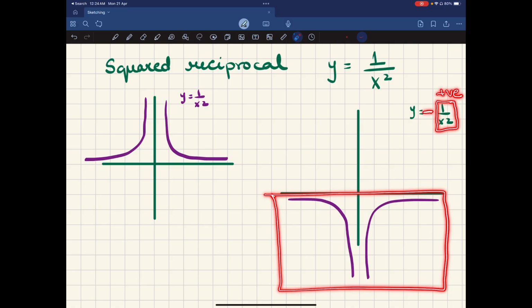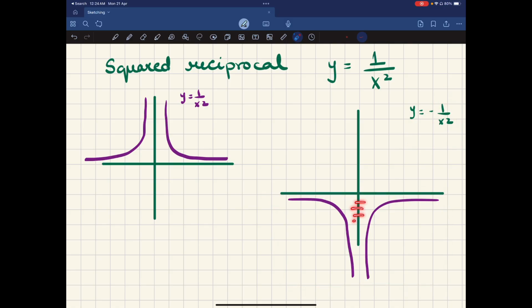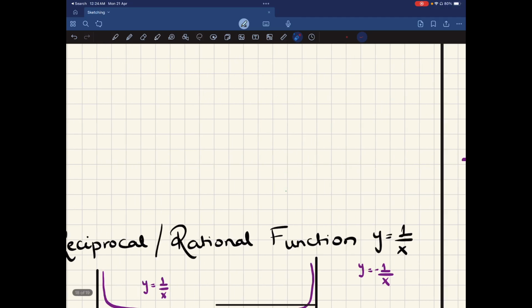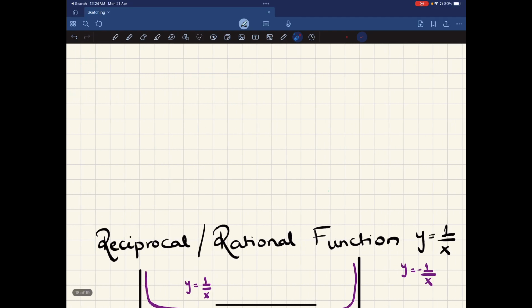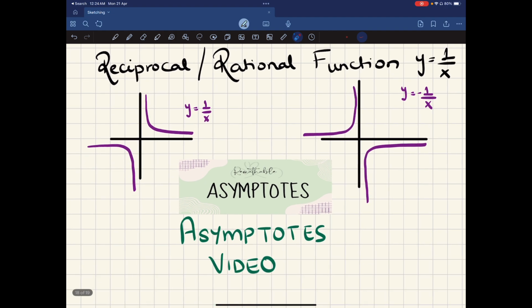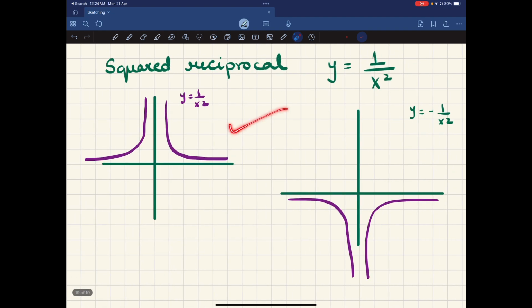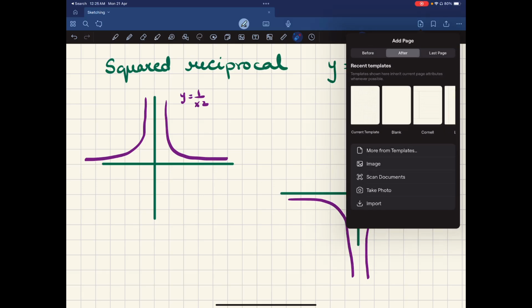So positive multiplied with negative is always negative. So all of the y values for this function will be negative. Okay, so I think you should memorize these 4 shapes, these 4 graphs, and also understand why we have such shapes.